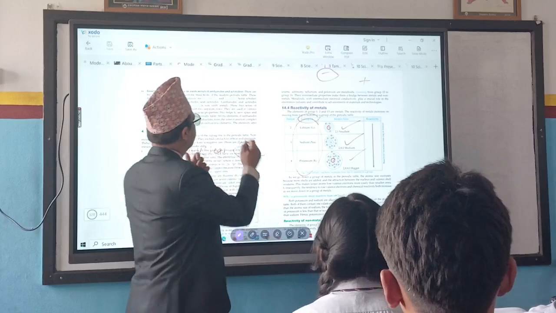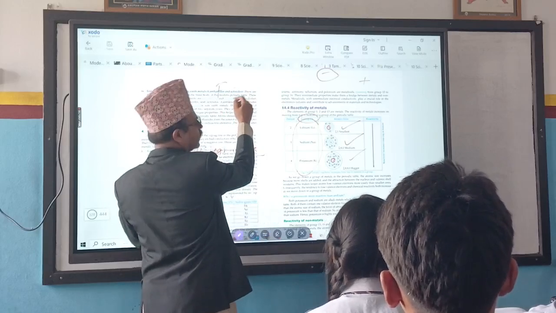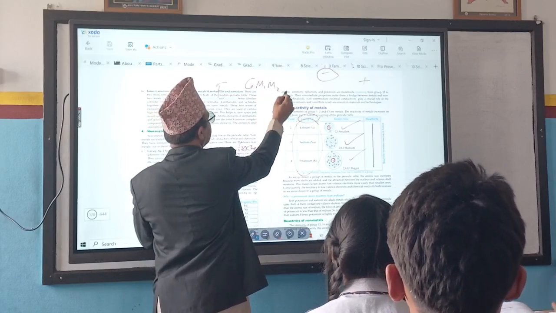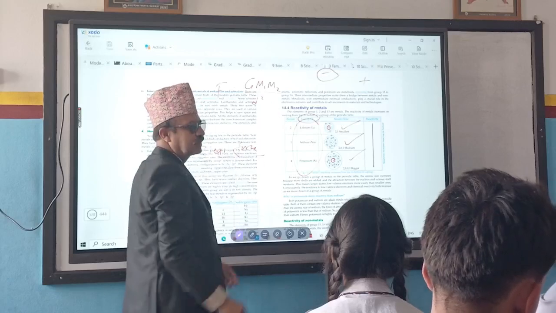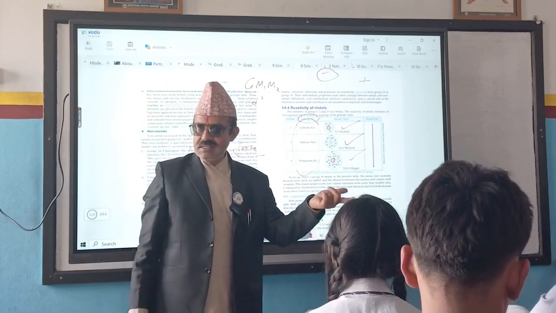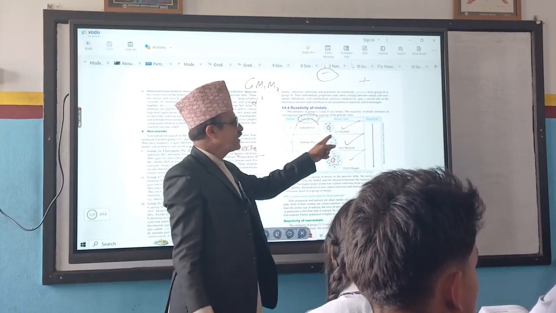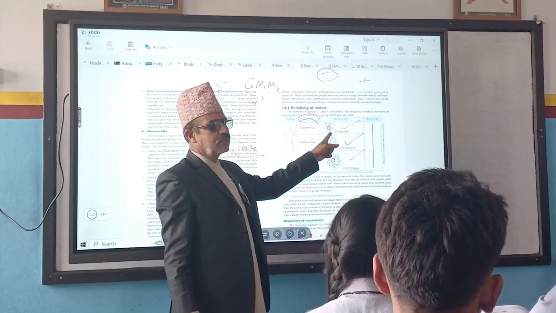Remember, force is directly proportional to Gm1m2 and inversely proportional to distance squared. If distance increases, nuclear force decreases. That means which atom has maximum nuclear force? The small one.